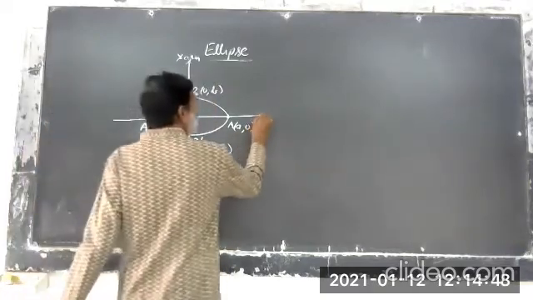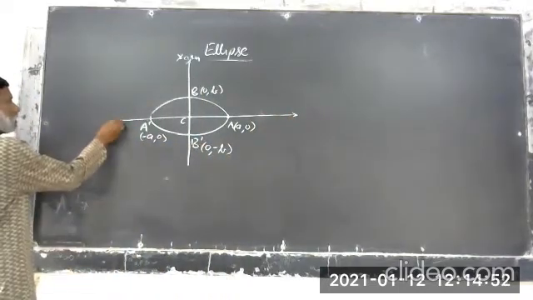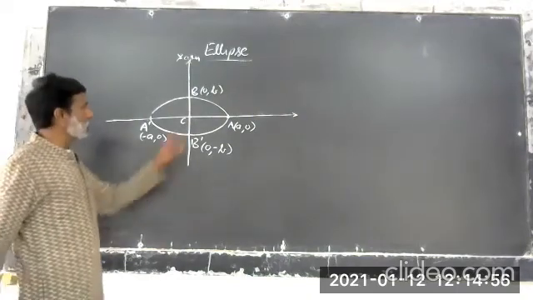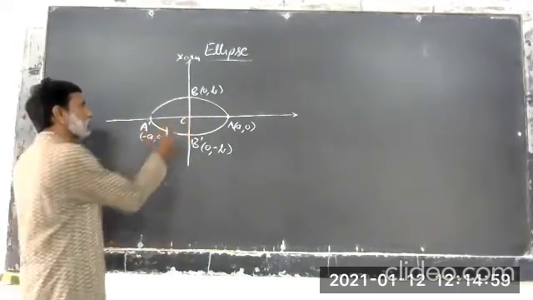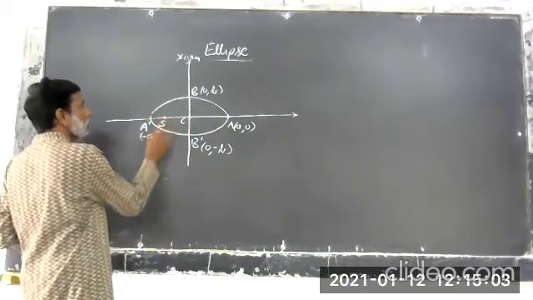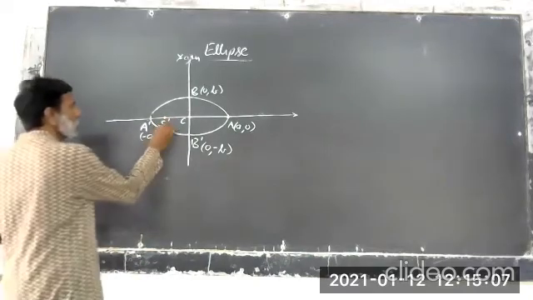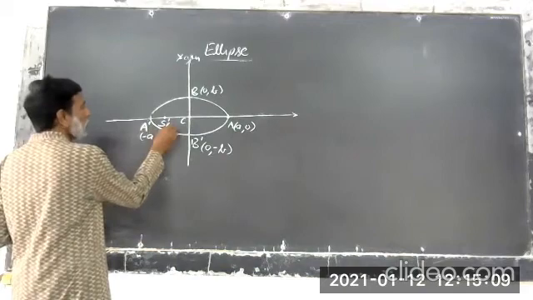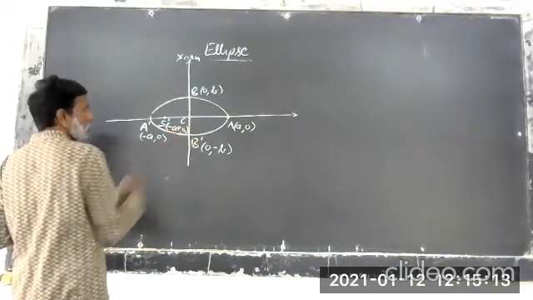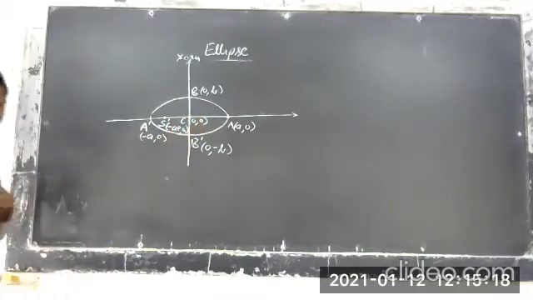Now let us see some more terminology in this ellipse. We have proved from the center towards the left side there was one focus denoted by S dash, and we have seen the coordinates of this focus as (minus ae, 0), and center is (0, 0).